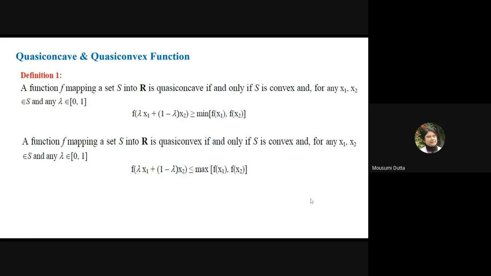So you have the idea, here f of lambda x1 plus 1 minus lambda x2 will be greater than or equal to the minimum of f of x1, f of x2. If this is the context, it will be quasi-concavity, and similarly quasi-convexity with the maximum. So you are aware of these expressions.